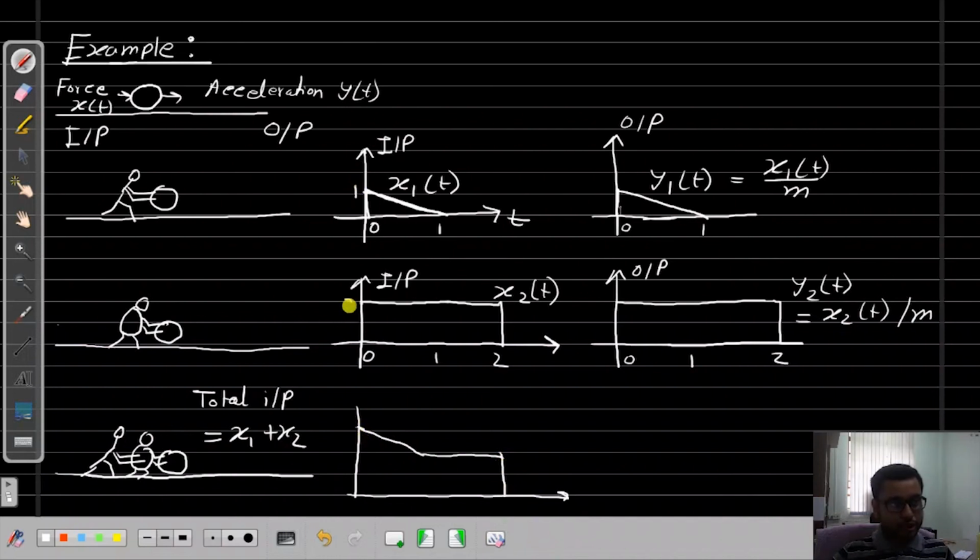If it is 1, if it is 2, then it will be 3 here. So this is how the input looks as a function of time, and the output will also look similar.